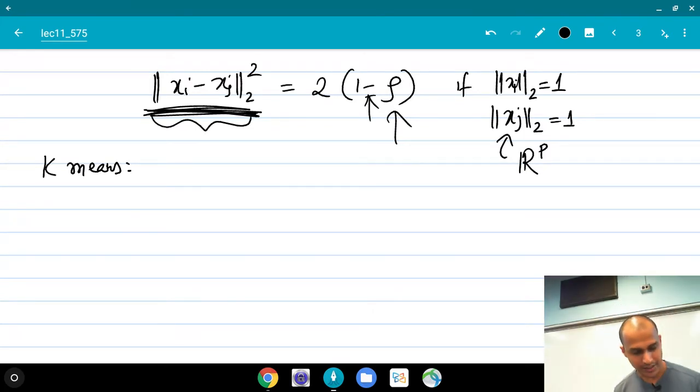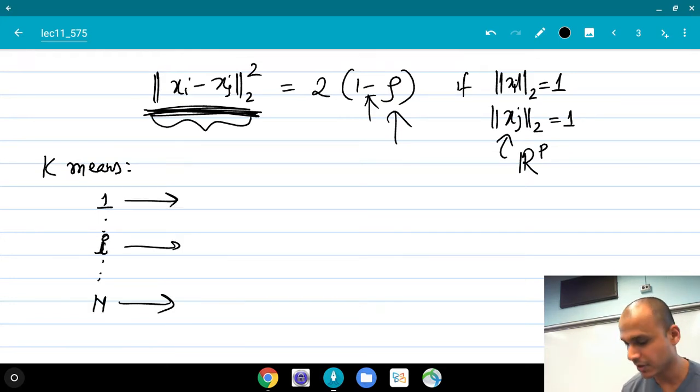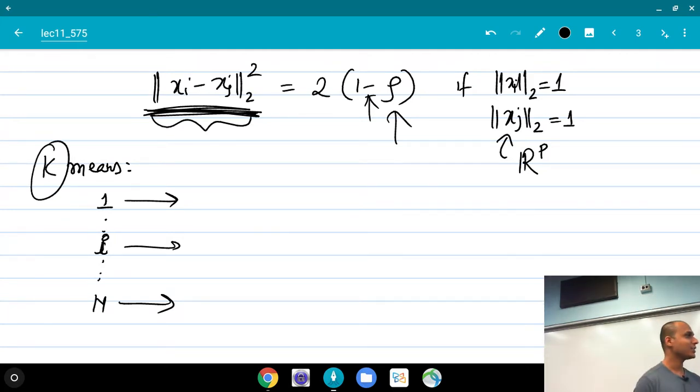So what is the objective? What do we want to accomplish by clustering? For clustering we have n observations, let's say 1 to n. For each of the points I want to say which cluster it belongs to. There's an observation, a p dimensional vector, corresponding to each observation, and let's say there are k clusters, k in the name of k-means, that I want to segment this data into.